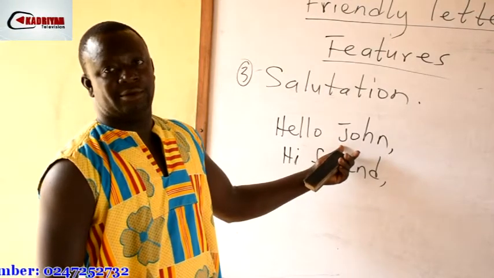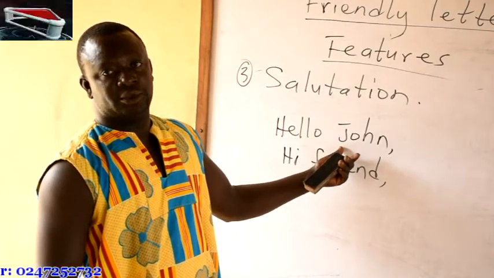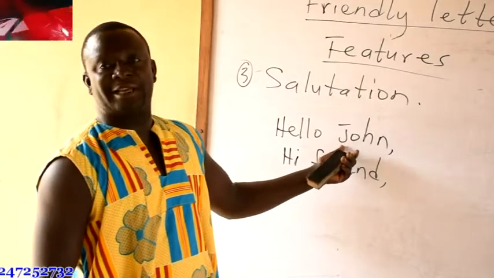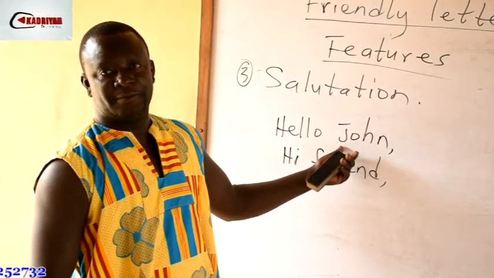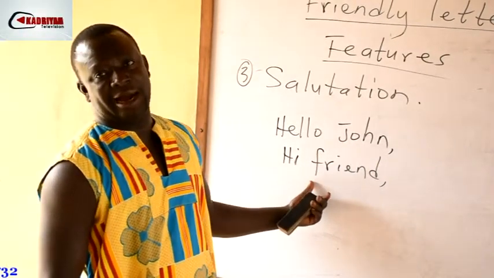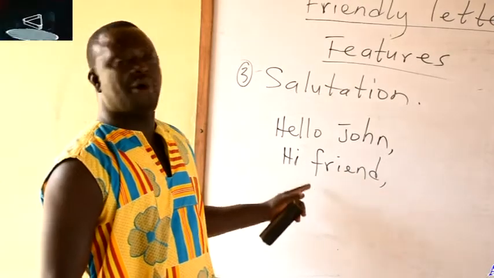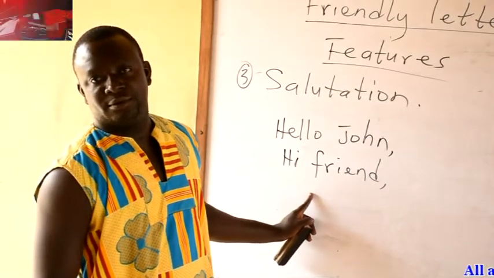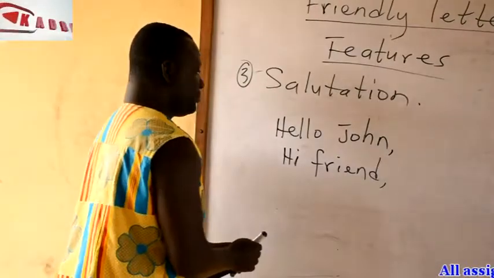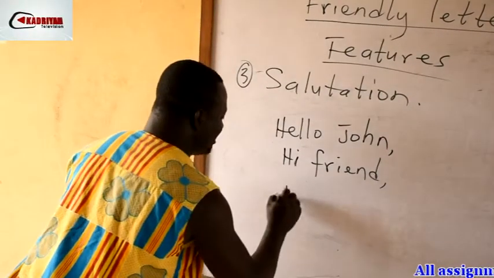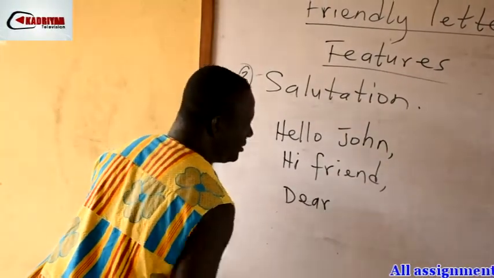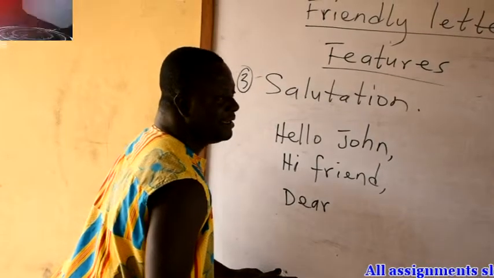John is a proper noun. It's the name of a person. So we start with capital J. But friend is a common noun. That is why I've started with a small f. Okay. You can also write, Dear Sami.